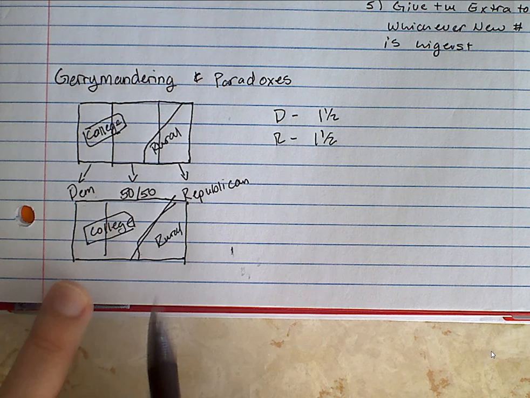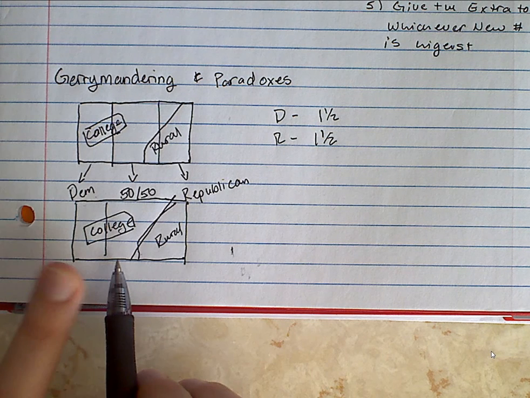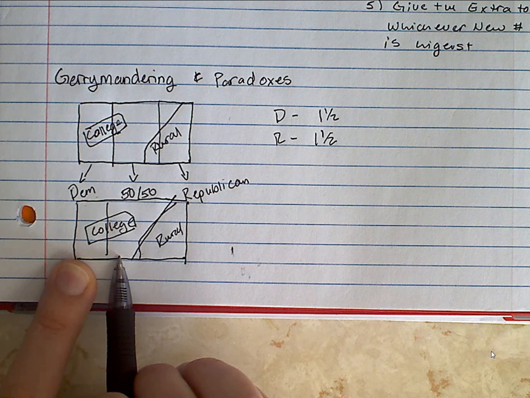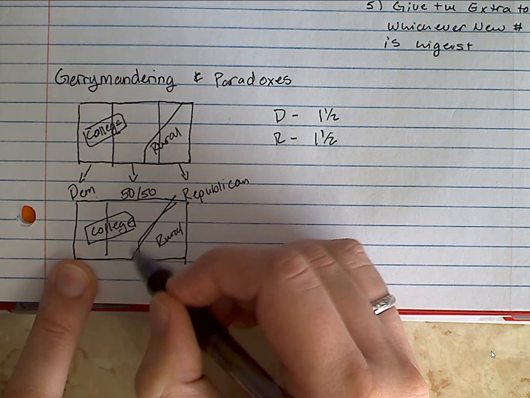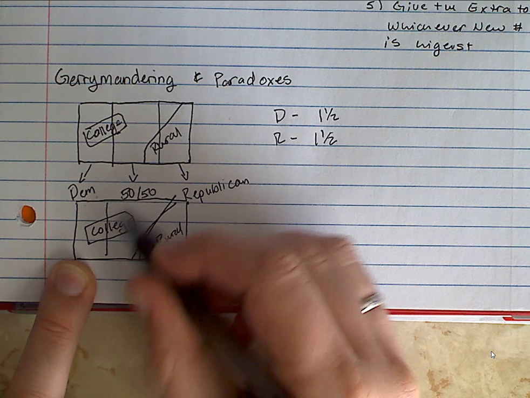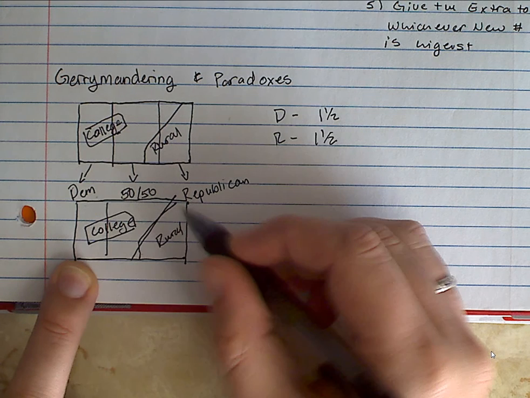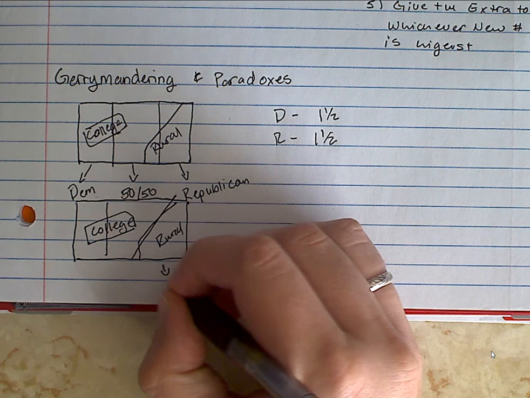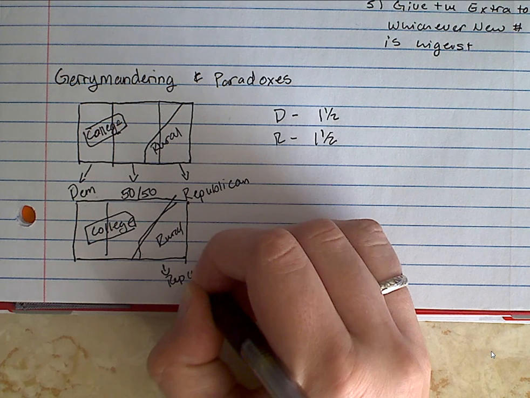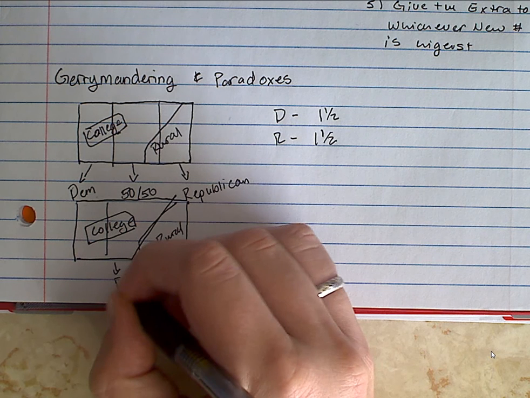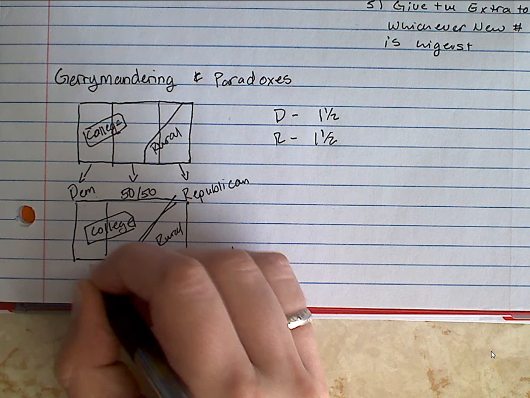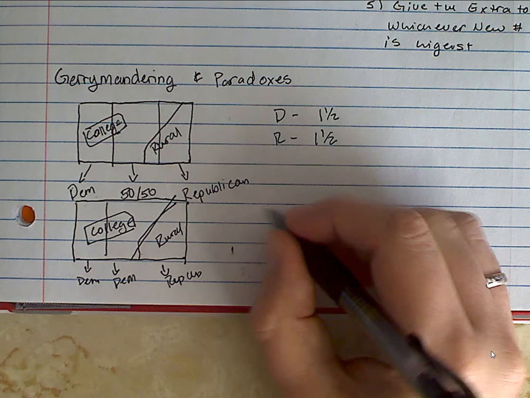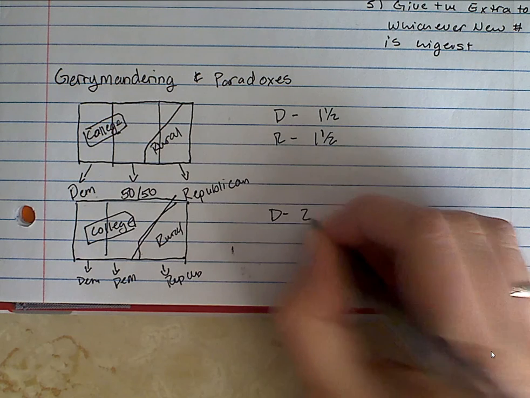Now it's turned these two districts from one being Democrat and one being 50-50 to both being Democrat, because any rural Republicans that would have changed this to 50-50 are now confined to this other area. Now I've got one Republican district, one Democratic district, and another Democratic district. And I've shifted the balance of power. Now I have two Democratic districts and one Republican district.